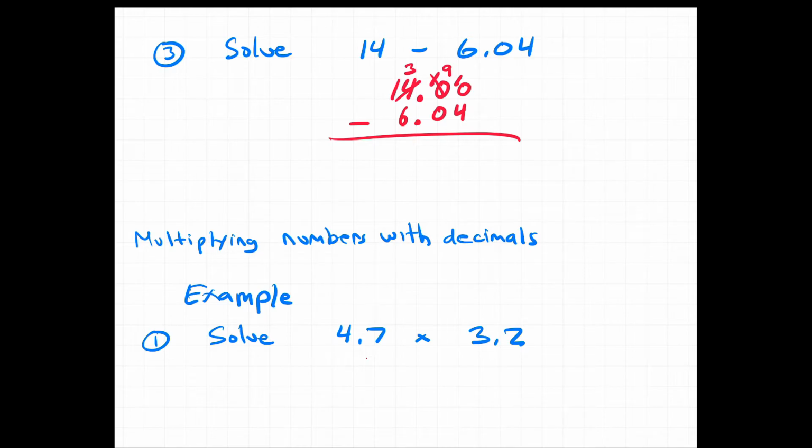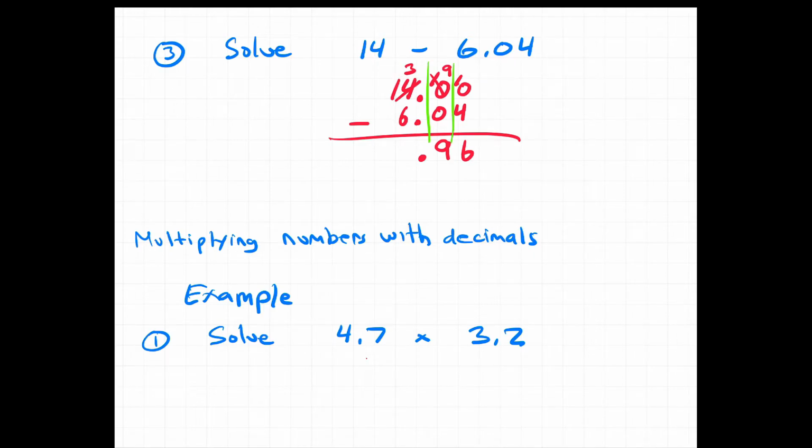So in this first column right here, I've got 10 minus 4, which is 6. In the second column right here, the 10th column, I have 9 minus 0, which is 9. Don't forget to bring that decimal down. And now what I've got up top is, like in this column, I've got a 3 minus 6, but I can't do that, so I'm going to have to borrow from the column to the left, which is really going to make this 13.